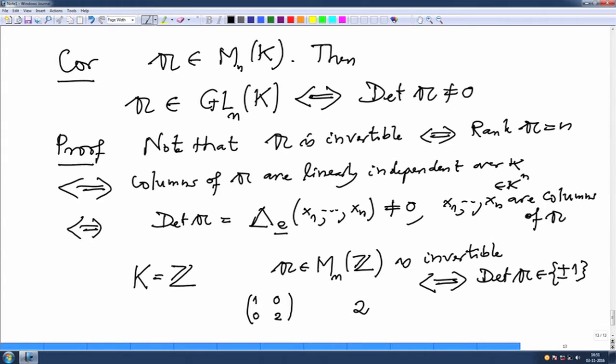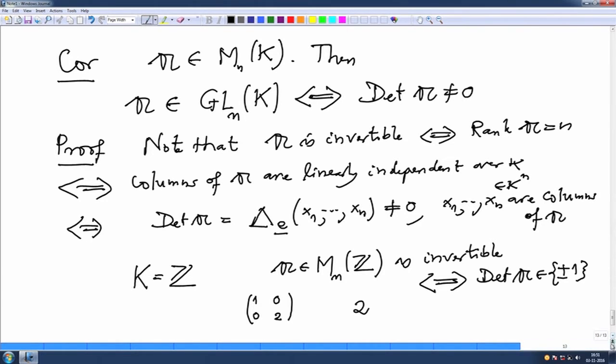It has 1 over 2 in the denominator of the entries, so the matrix does not have integer entries, it has only rational entries. In that sense it is very important to write it in this way, because for generalization this will come in handy. Okay.